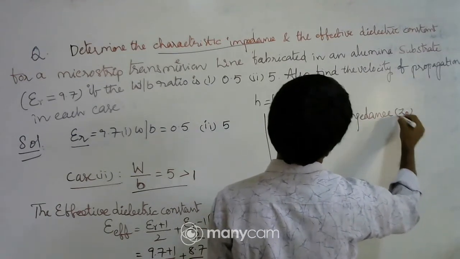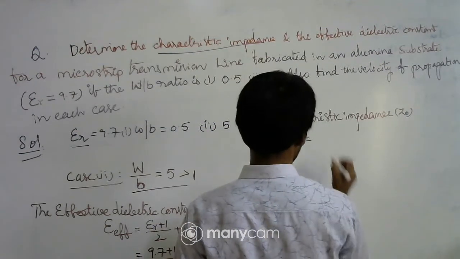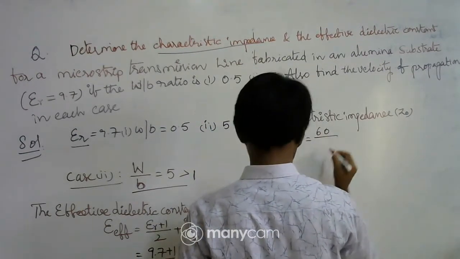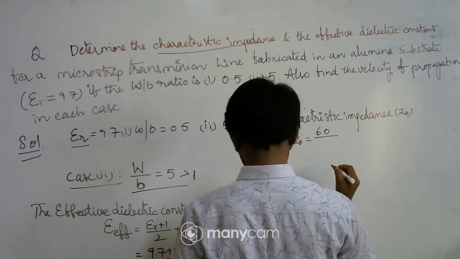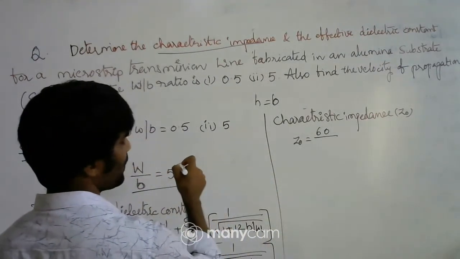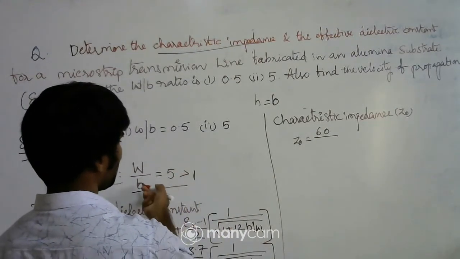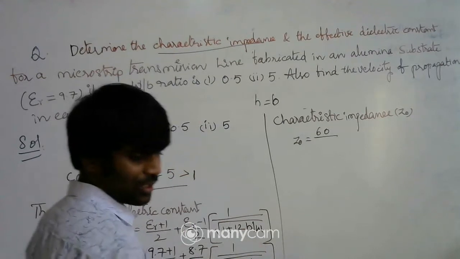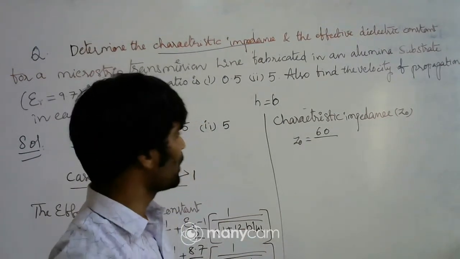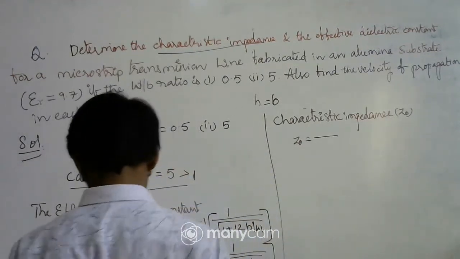Z0 is equals to, what is the Z0 value? 60 divided by... In the earlier case W by H 0.5 is less than 1, because of that reason we got 60. Here the W by B value is greater than 1, because of that reason this will be double. This is 120. This will become 120.